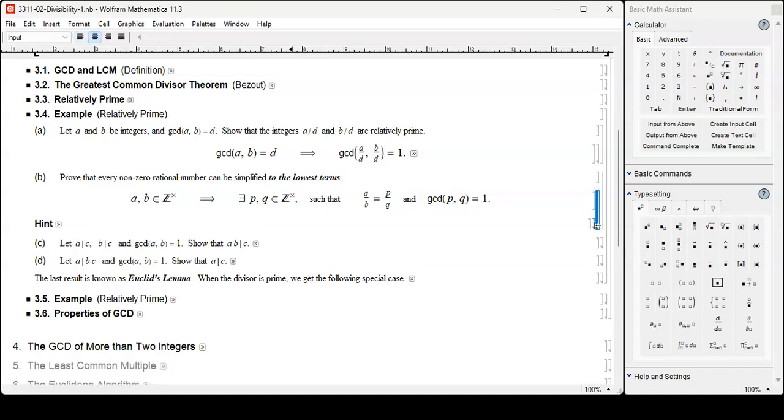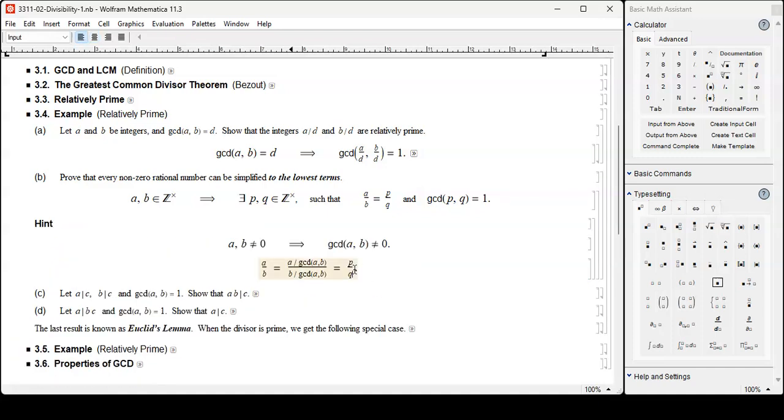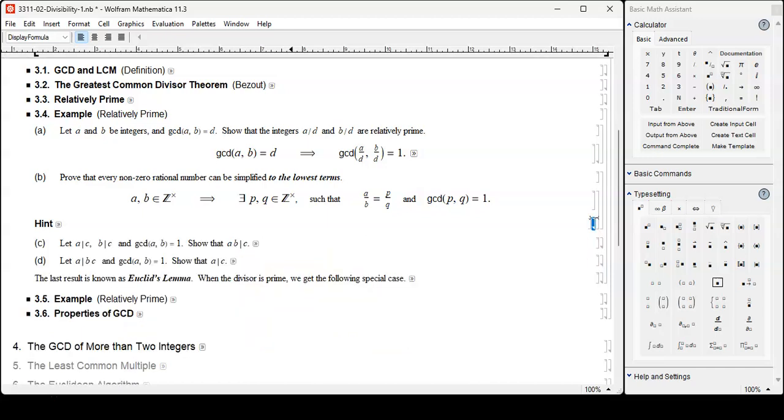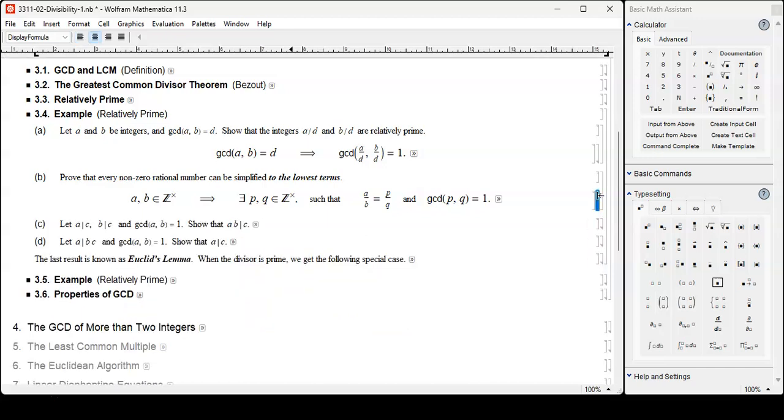All you have to do is divide both the numerator and denominator by the GCD, so a divided by d and b divided by d. Did you prove already that a over d and b over d are relatively prime? Yes, we did. So the resulting fraction is the simplification to the lowest terms. So the simplification to the lowest terms is always possible.